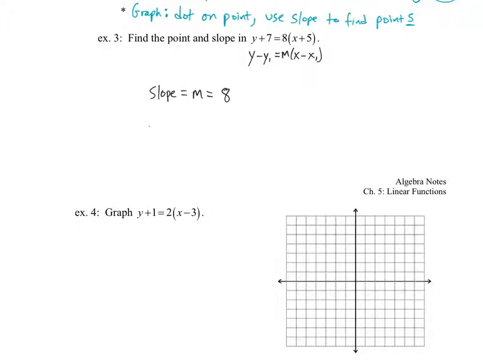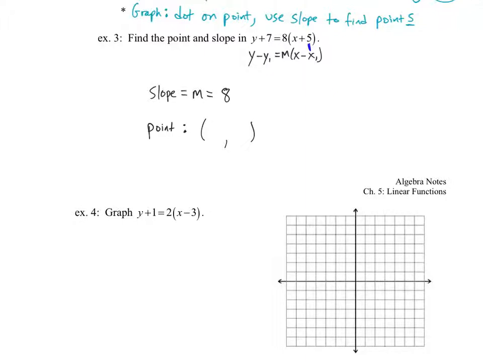And then my point, colon, now I'm going to have a set of parentheses, so x and y there. So x1, if I look at this, x1 is kind of by this 5 right there. But if you notice, I have an x plus 5 up above and an x minus x1 down below.